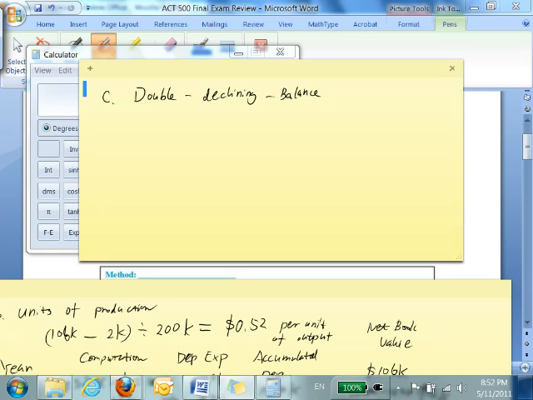This method is, I would say, the most computationally sophisticated method. Okay, let's check it out.